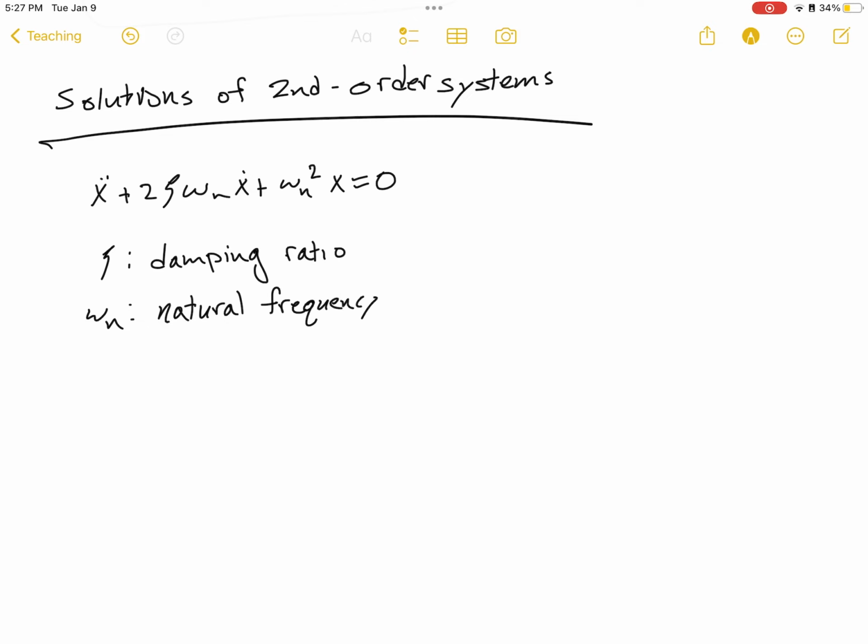So the damping ratio and the natural frequency have physical meaning. The damping ratio is a measure of how quickly the solution decays. And the natural frequency tells us the speed of response.